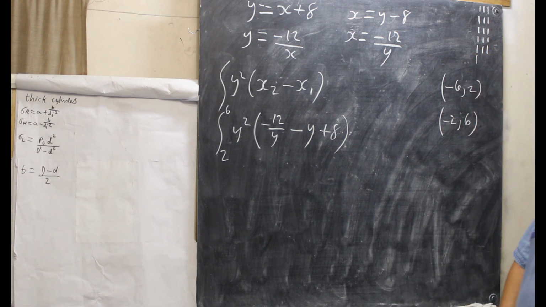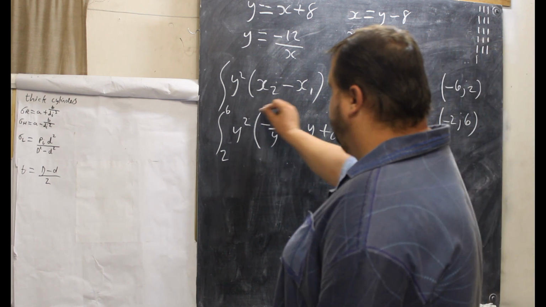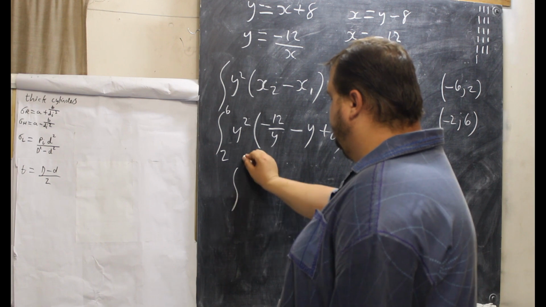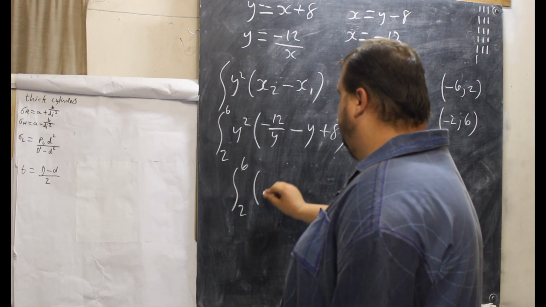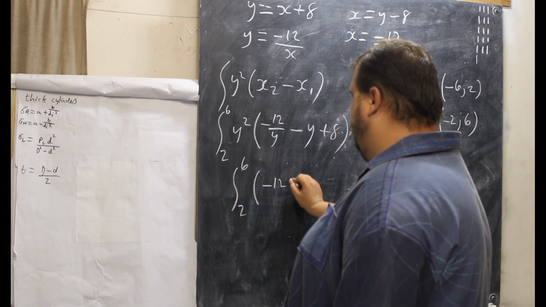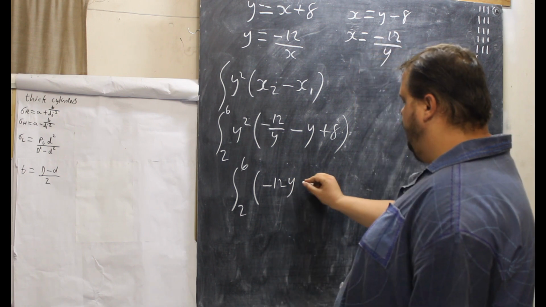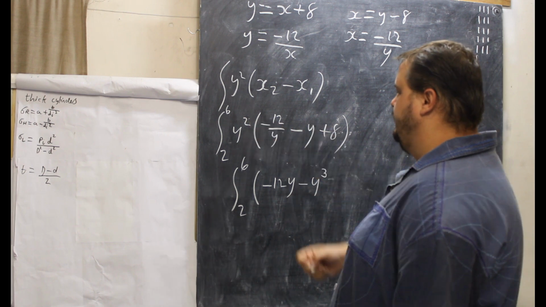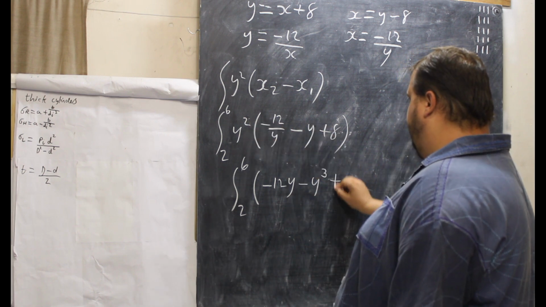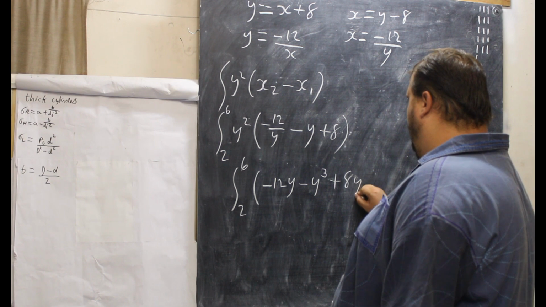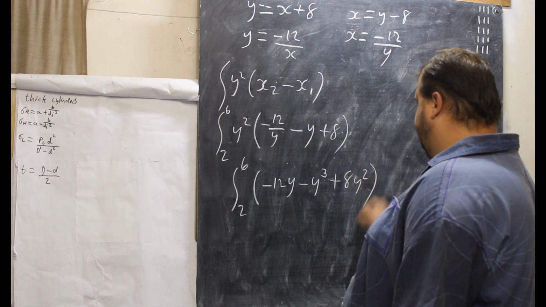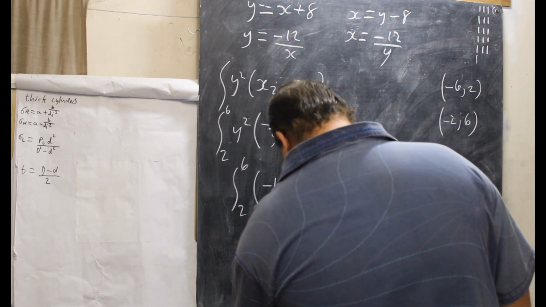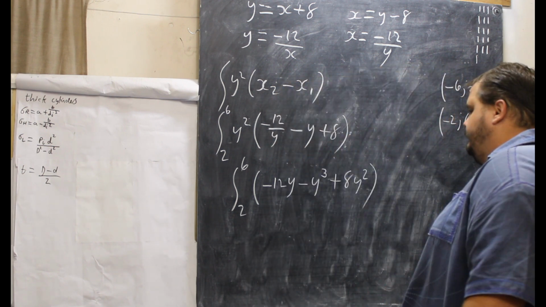So, what we're going to do next is multiply y squared in. y squared divided by y is just y. So the integral from 2 to 6 of minus 12y minus y cubed, because y times y squared is y cubed, plus 8y squared. And now we simply integrate.